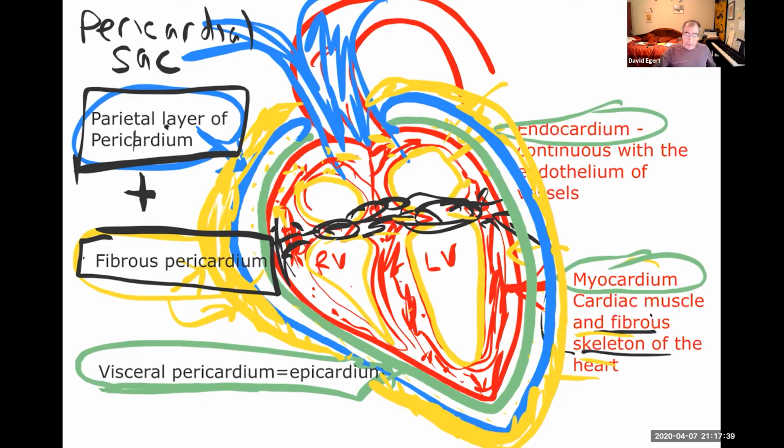So it's basically this fibrous layer, dense irregular connective tissue, basically like the dermis, like leather, kind of a leathery bag with this slippery parietal layer of the pericardium inside, and then the heart.